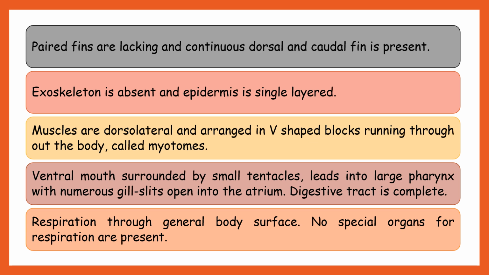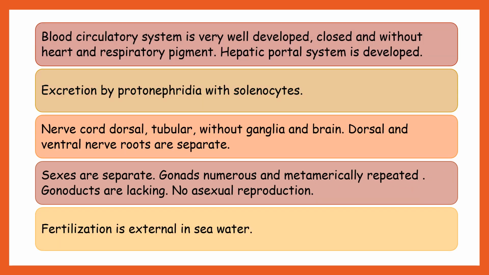It starts with mouth and ends with anus. Respiration is through the general body surface, and no special organs for respiration are present in cephalochordates. Blood circulatory system is well developed, closed type and without heart and respiratory pigment. Hepatic portal system is very well developed.